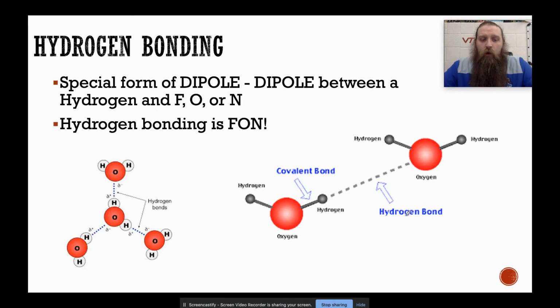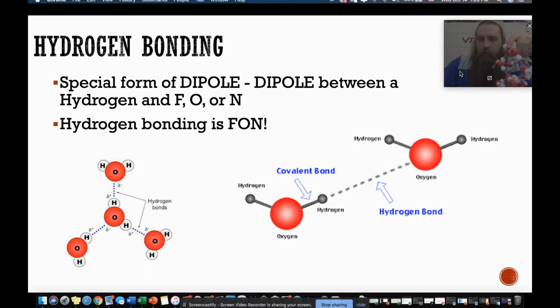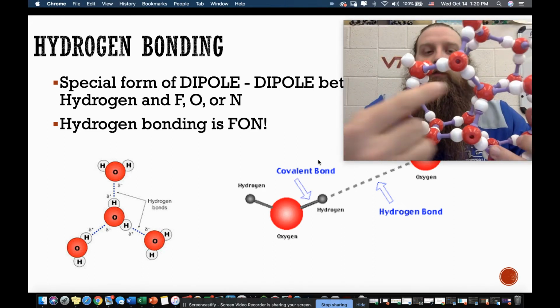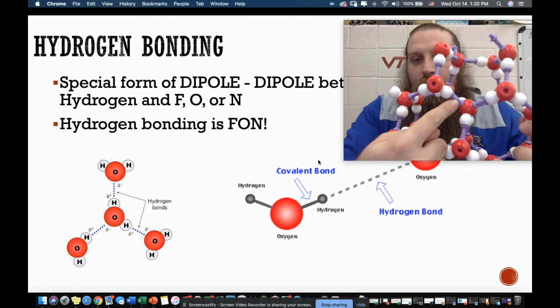That's pretty strong, okay? In fact, it's so strong that it actually sets water up to freeze in a certain pattern. So there are hydrogen bonds symbolized in this model I'm showing you on the screen in purple. So I'm going to make my face a little bigger here. So these purple sticks, these are hydrogen bonds.